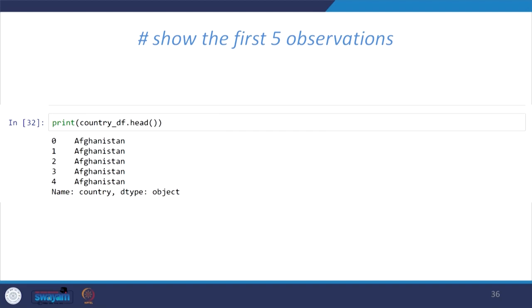Suppose in the country column I want to see the first 5 rows. You type print, open parenthesis, country_df.head, that shows the first 5 rows.